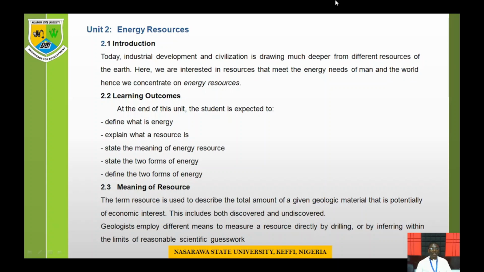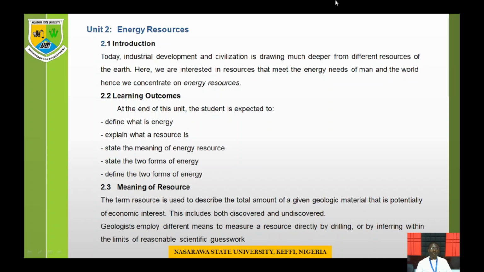So, the meaning of resource. We have defined energy as anything that is needed to move objects from one location to the other. It is normally the totality of these geologic materials that are used as energy that are called resources. Once you begin to measure and know the quantity involved, you are zooming into what we call reserves.